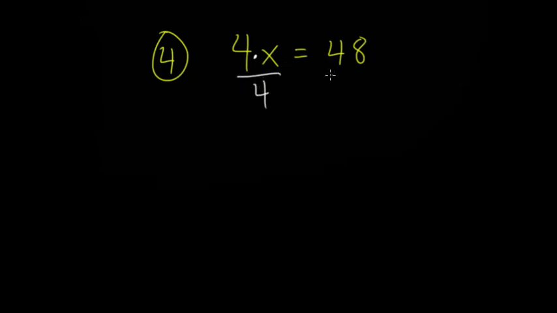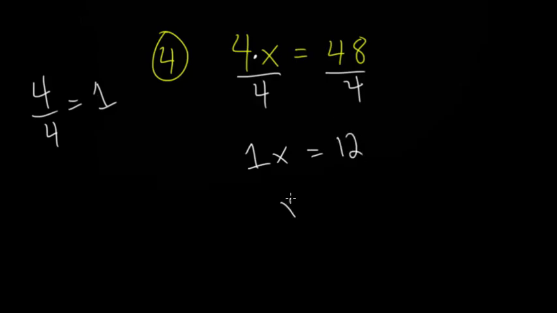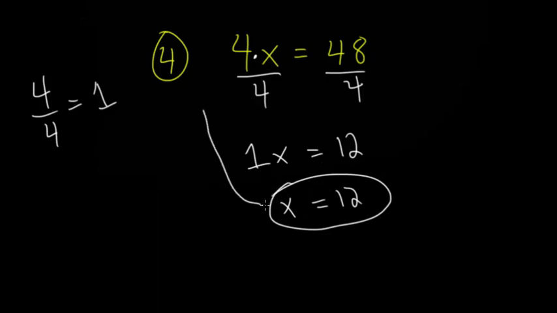So we can divide everything by 4, since we know that 4 divided by 4, or anything divided by itself, is always going to be 1. So on the left-hand side, we get 1x equals 48 divided by 4, which is 12. Or in other words, x is 12. And you can see this is true, since if we plug it back in, we have 4 times 12 is 48. And we know that is true.